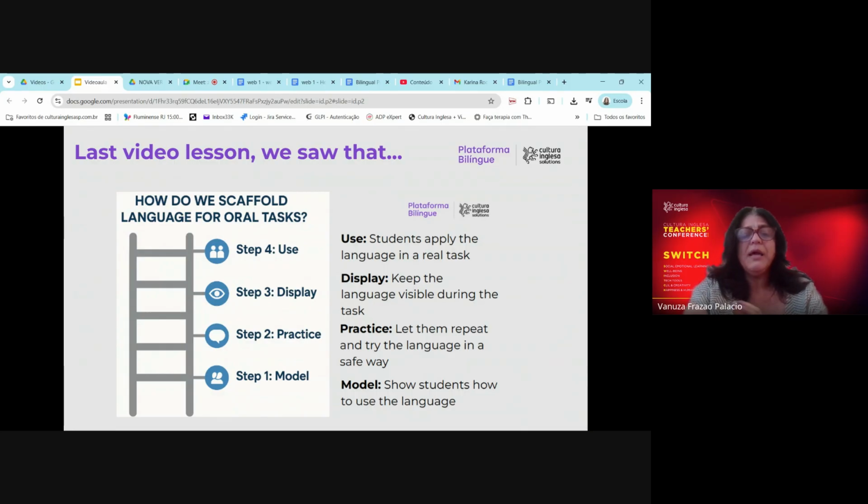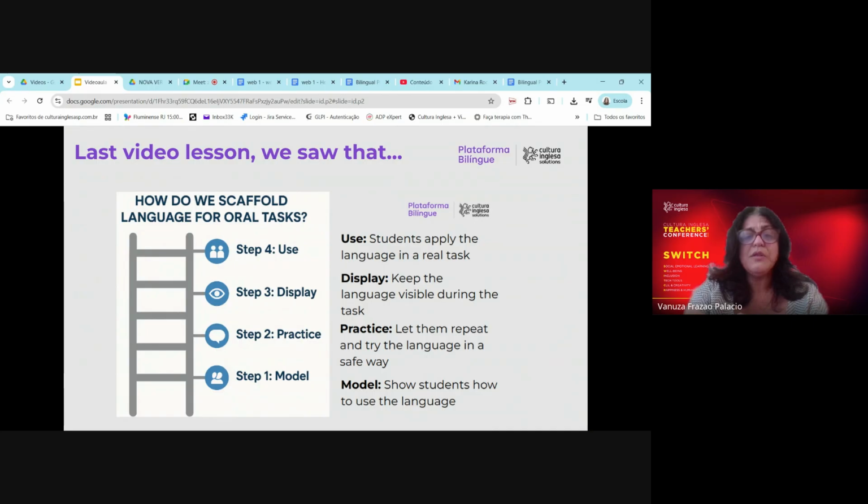So, for example, let's take the sentence, can I borrow a pencil or can I borrow a pen? Let's suppose this is the language I want to help my students use and apply whenever necessary. So the first step, as you can see here, is the model.